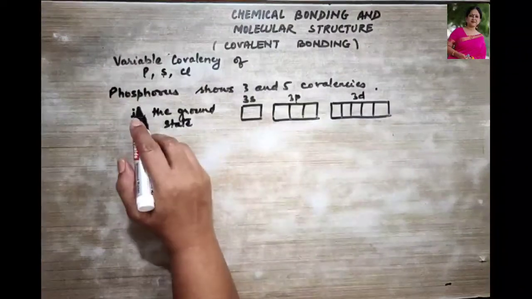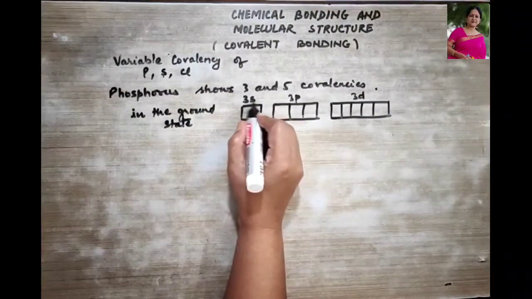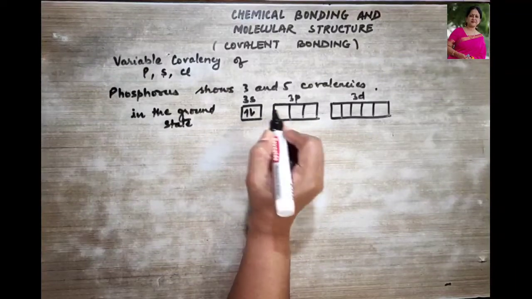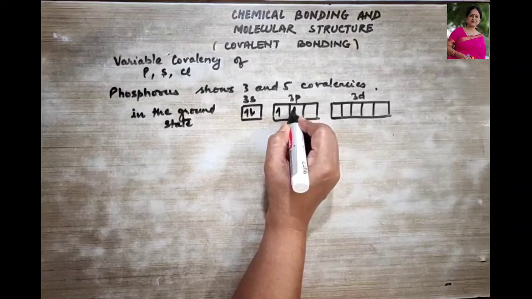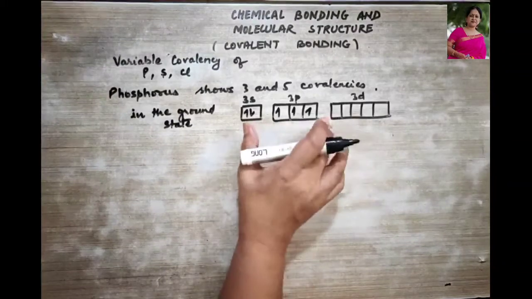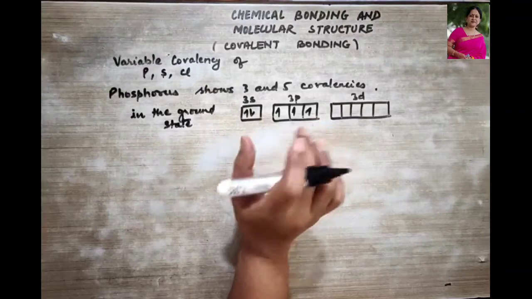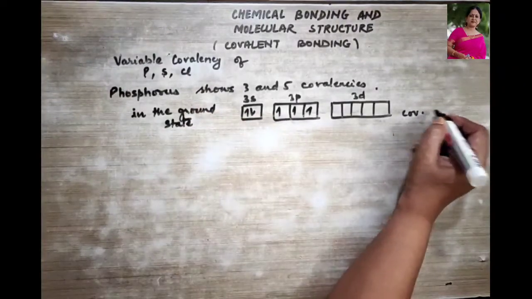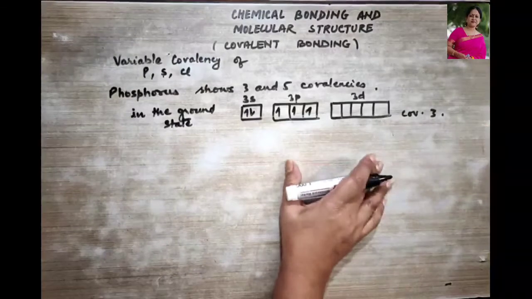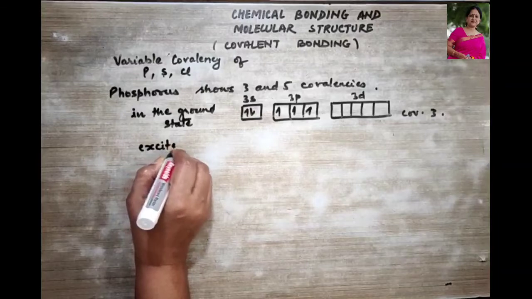Okay, so now let us look at phosphorus. We know that it is 3s2 and 3p3. So 3 means 1, 2 and 3. So what do we see over here? 3 unpaired electrons. So presently at the ground state, its covalency is how much? 3. Clear? Now let us look at the excited state of it.